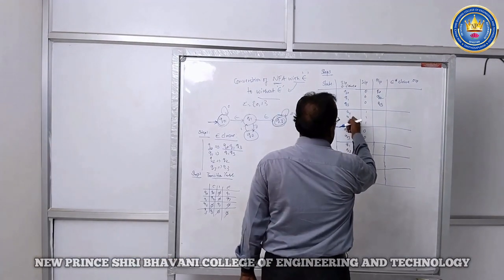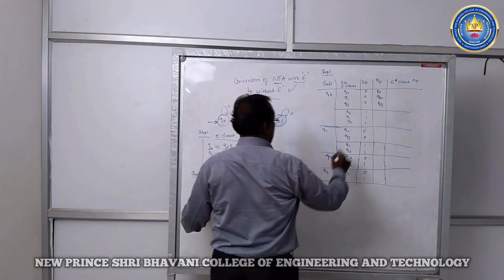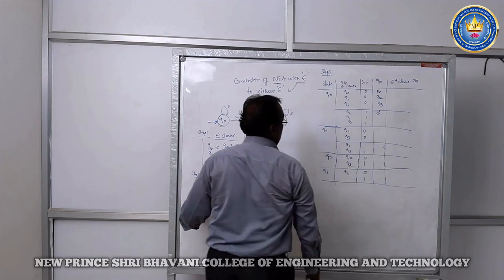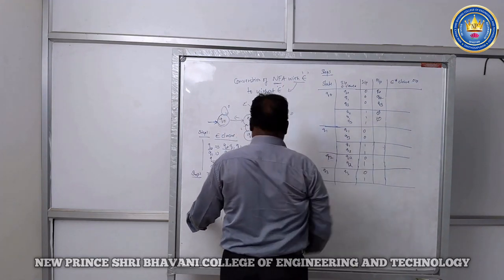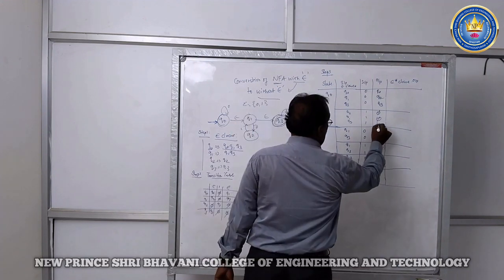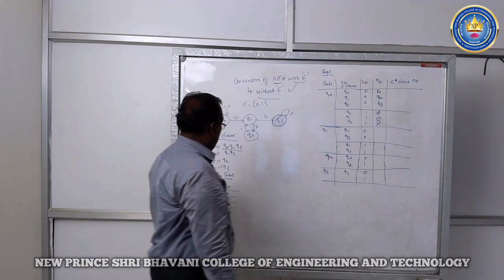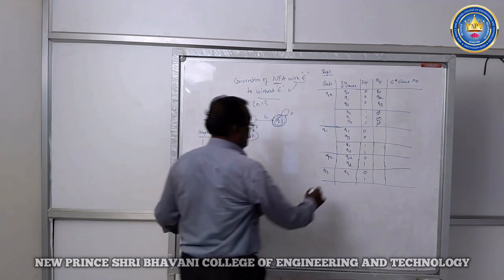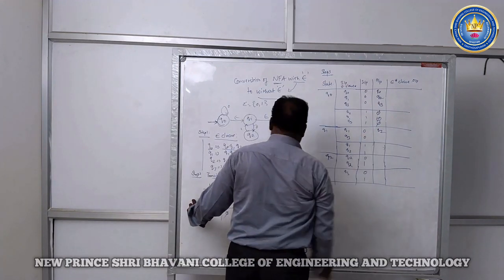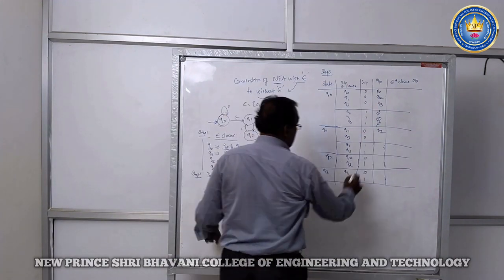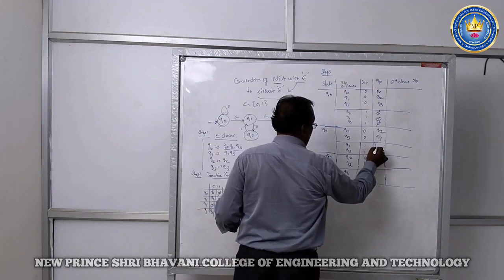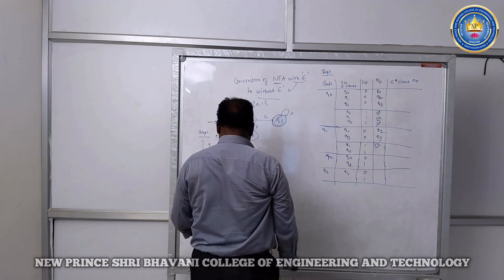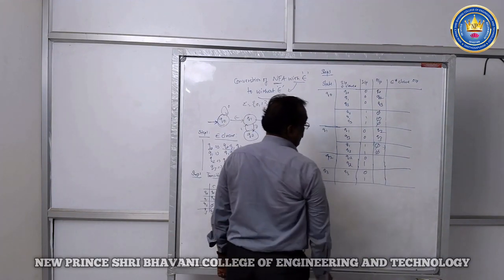Okay, so next one similarly for 1. Q0 of 1 is phi, there is no any symbol there, and Q1 of 1 is phi, and Q3 of 1 is phi. And next one, for Q1 of 0 is Q2, Q3 of 0 is Q3, and Q1 of 1 is phi, and Q3 of 1 also phi.